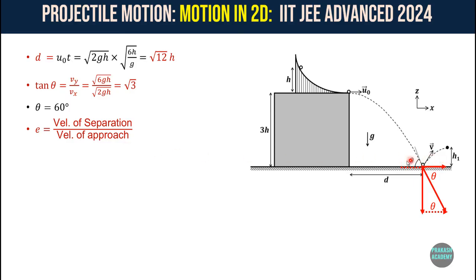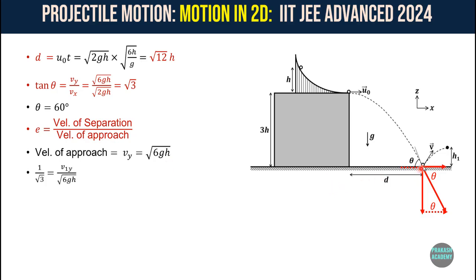Since the x velocity always remains constant, only the y velocity changes after this collision. What is velocity of approach? For the coming journey, the Vy was under root 6gh. So basically this ball is approaching the ground with a velocity of under root 6gh, and this is in the y direction.